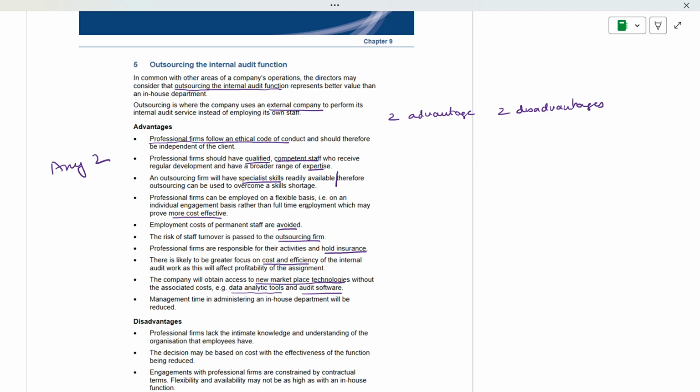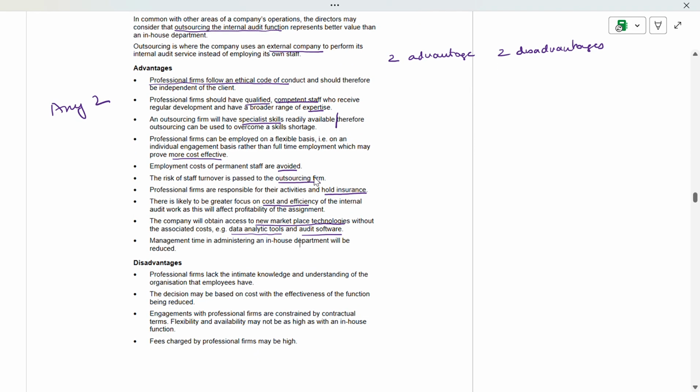Audit software, computer-assisted audit techniques, audit quality, data analytic tools, automated tools and techniques we have done. These are the things you should remember. Management time spent on administration of the in-house department will be reduced.